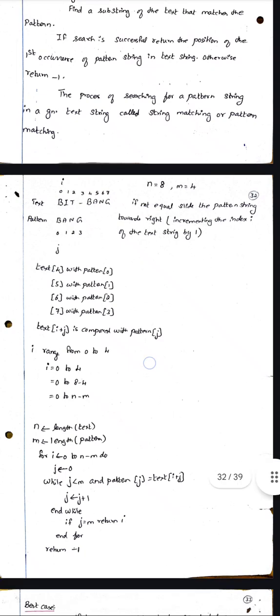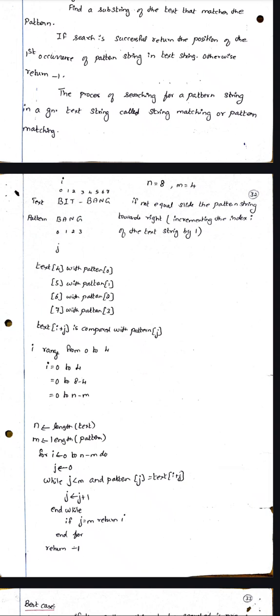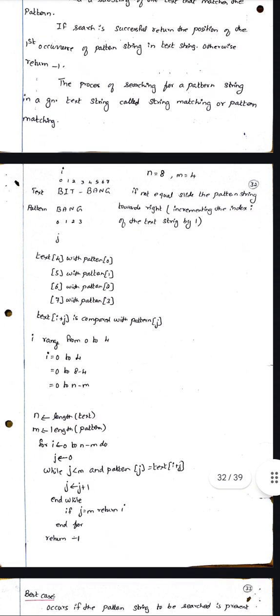If not equal, the pattern should move towards the right. Increment the index by one value in the text string. So after incrementing, it matches at text of 4.